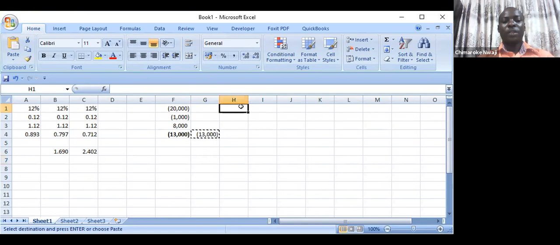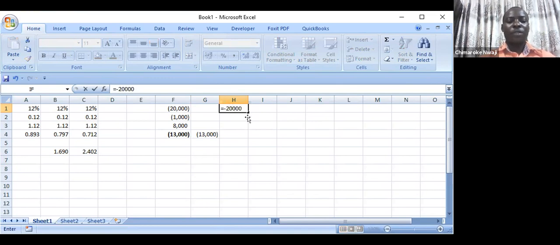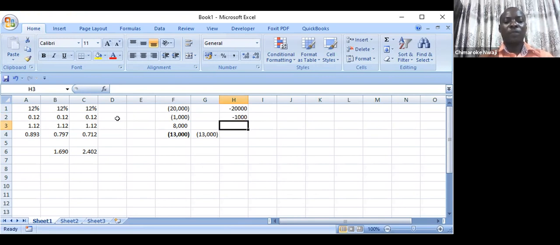You will have your cost, which is 20,000, and you have your maintenance for year 1, which is 1,000. You have maintenance for year 2, which is 3,000. And you have your scrap value, which is 5,000.